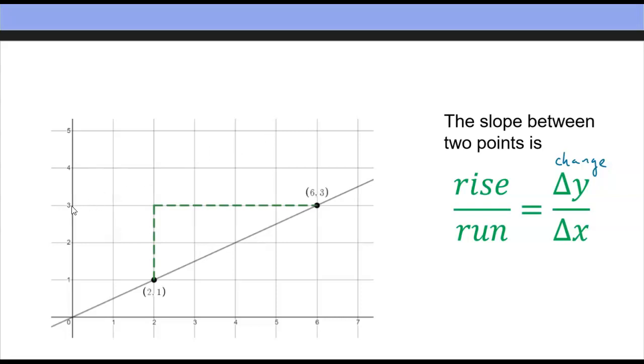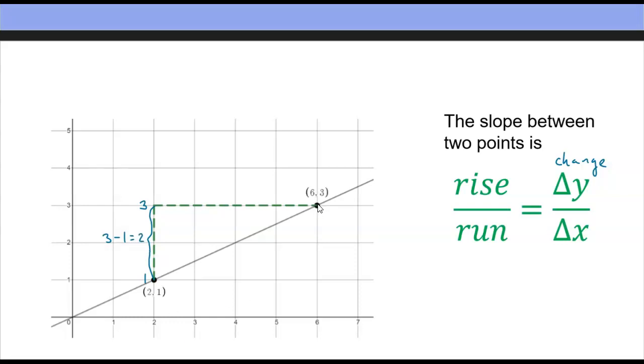Well, let's take a look here. Our y value at this point is 3, and our y value at this other point is 1. So you can expect that the length of the line between them is just going to be the difference: 3 minus 1, which equals 2.